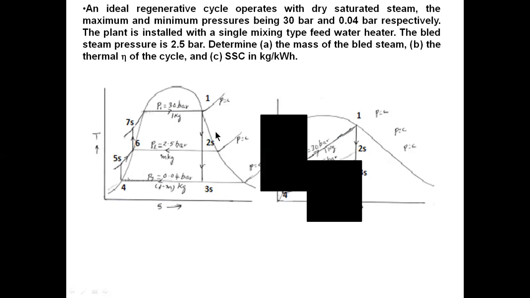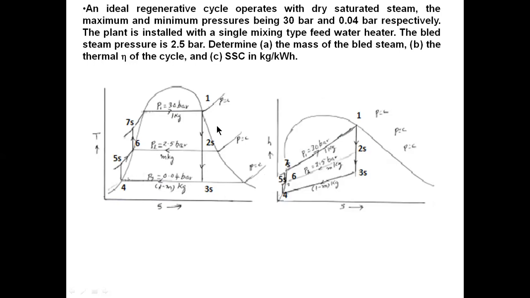Here we have 1 kg of steam entering from 1 to 2. The m1 is gone, so the remaining mass 1 minus m1 expands from 2 to 3, and the same mass goes to the condenser.